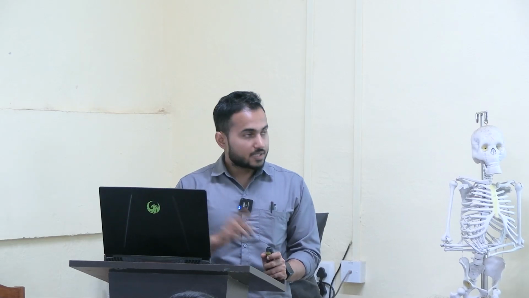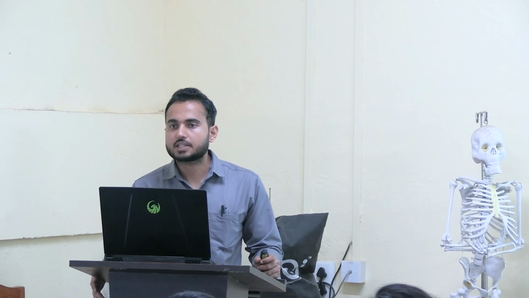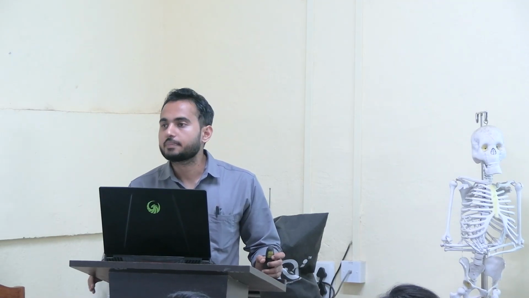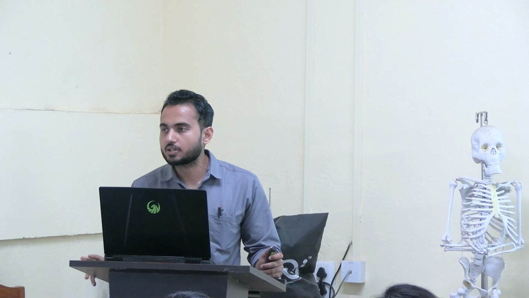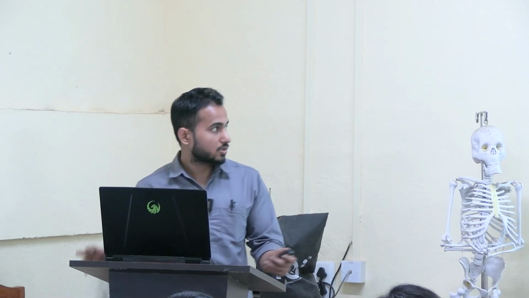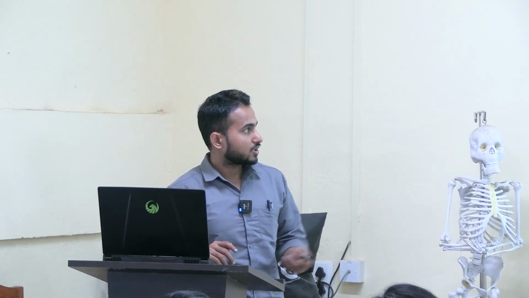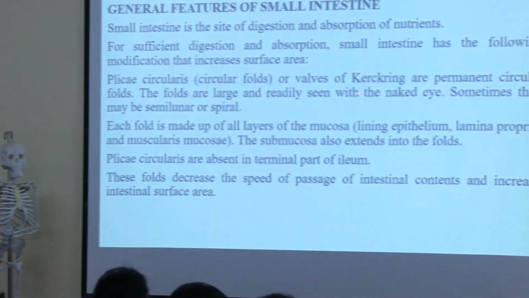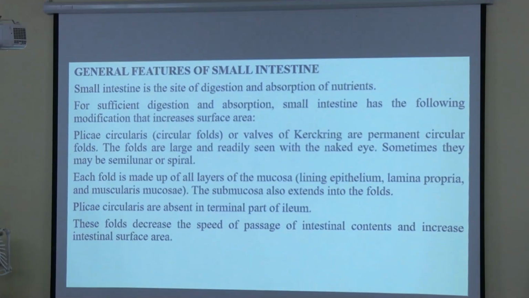Next, the modification present inside the small intestine is the circular folds. They are permanent circular folds, called plicae circularis, or also valves of Kerckring. Now why are these folds permanent? Any idea?